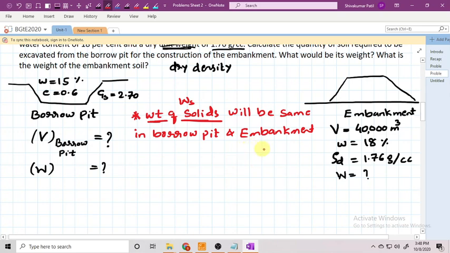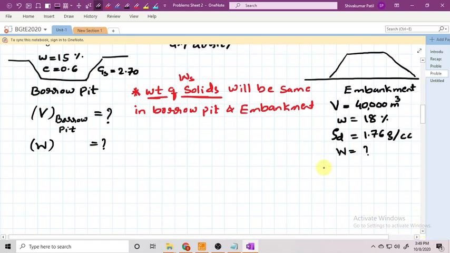Can I find the weight of solids from these parameters? I know the dry density. What is the dry density actually? Dry density equals mass of solids divided by the total volume.